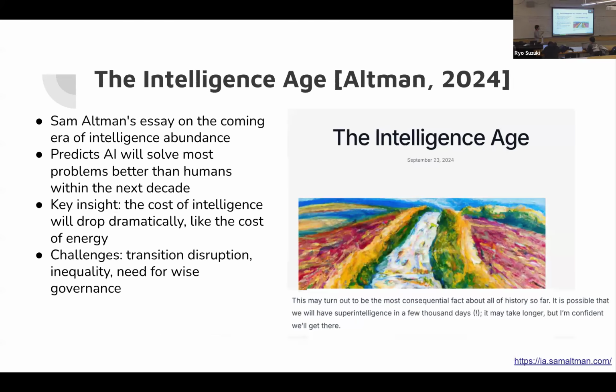And then finally, Sam Altman also wrote a blog post called "The Intelligence Age." Dario Amodei and Sam Altman are actually on a similar page. He also thinks superintelligence might happen in the next 1,000 days, and he's also saying that it might destroy some of the jobs.